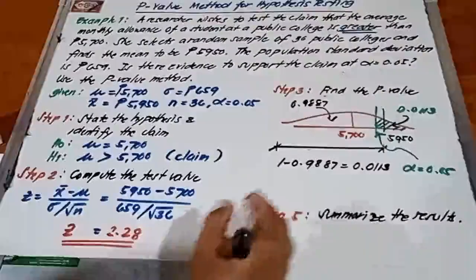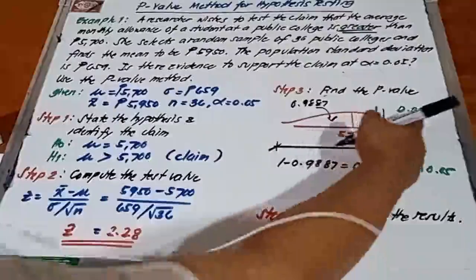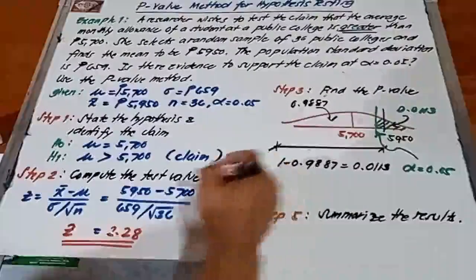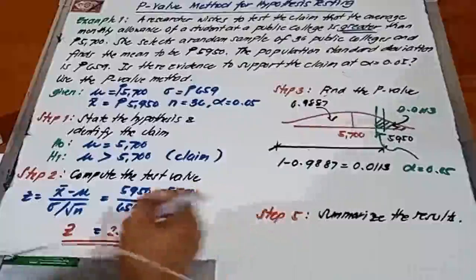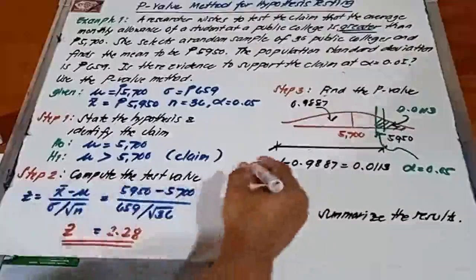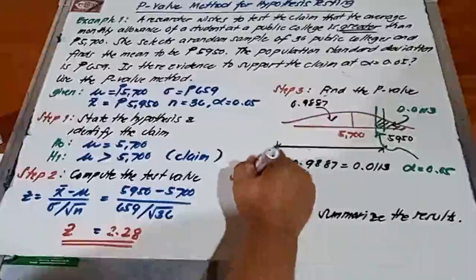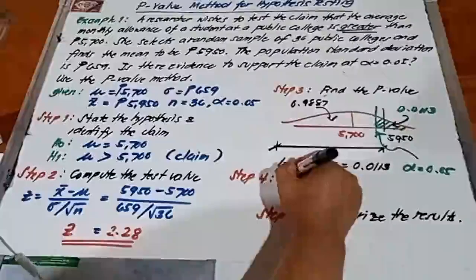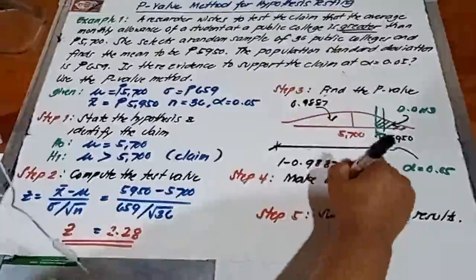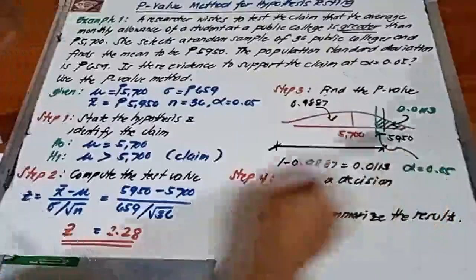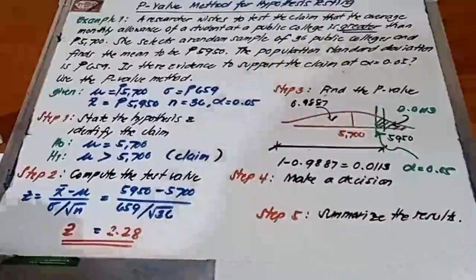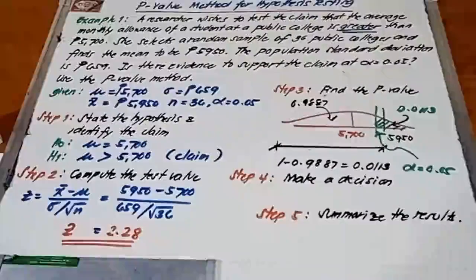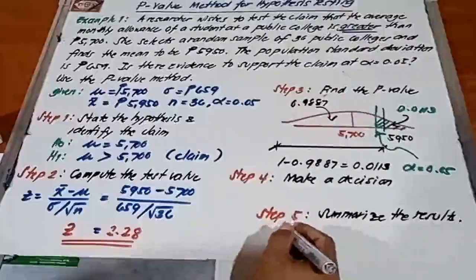And since itong p-value natin, that is step number 4. Step number 4 is we're going to make a decision. Okay? Papansin natin, our p-value is less than or equal to our alpha.